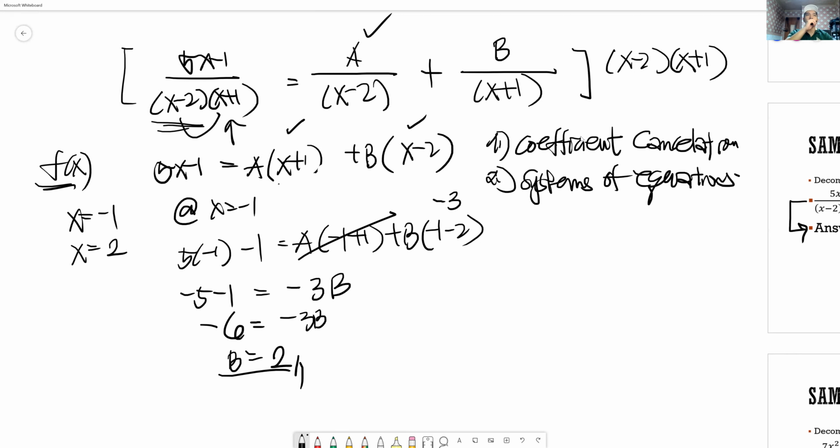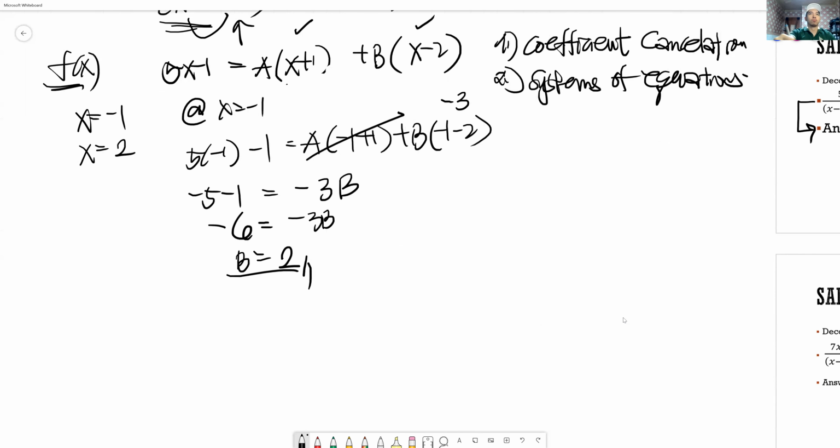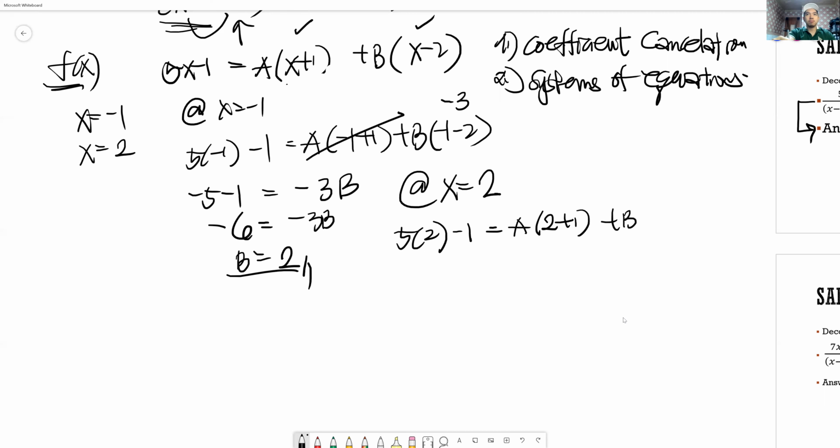So how do we now solve for our A? So to solve for our A, we let x be equal to 2. So that becomes 5 times 2 minus 1 is equal to A(2 plus 1) plus B(2 minus 2). 2 minus 2 is equal to 0, so therefore we can cancel this out. So 5 times 2 minus 1, so that would be 10 minus 1, so this is 9.